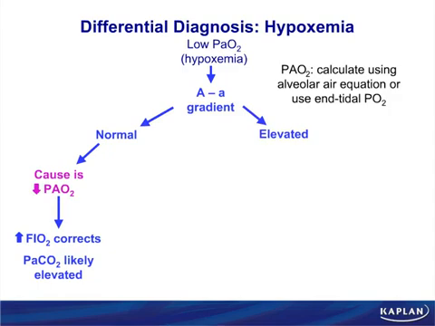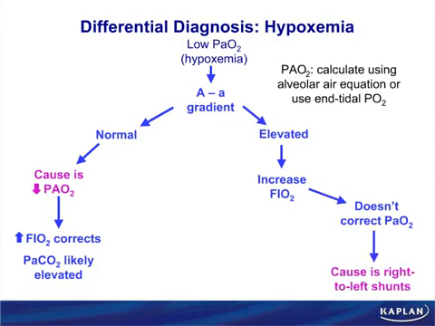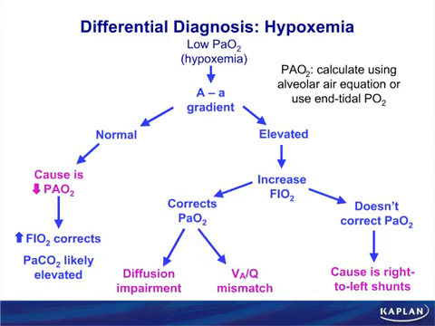If the AA gradient is elevated, the next step is to increase FiO2. If this doesn't correct the hypoxemia, you think shunt. You treat it as a shunt clinically, you pick shunt on the exam. If increasing FiO2 corrects it, then you know you have either a diffusion impairment or VQ mismatch.